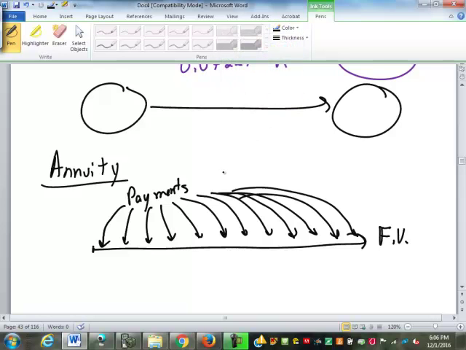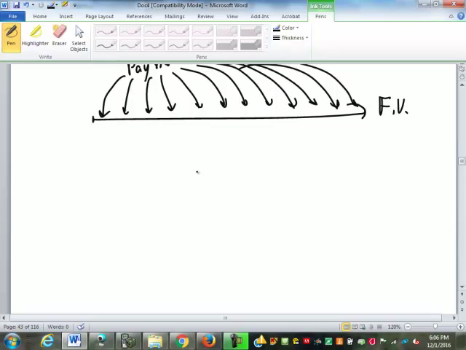There's some vocabulary we need to talk about. In an annuity, we have future value and we do have present value, but the present value and future value don't work together. So we have something called the accumulation phase of an annuity.